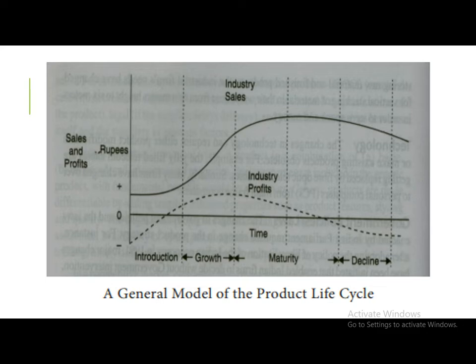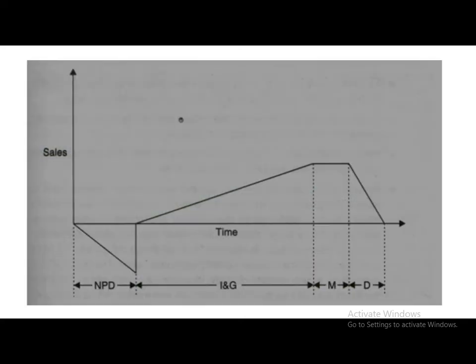The PLC concept advocates the different strategies that are needed at different stages. This concept also highlights the significance of long range planning for a new product. This point should be kept in mind while estimating return on investment during the business analysis stage of new product development.